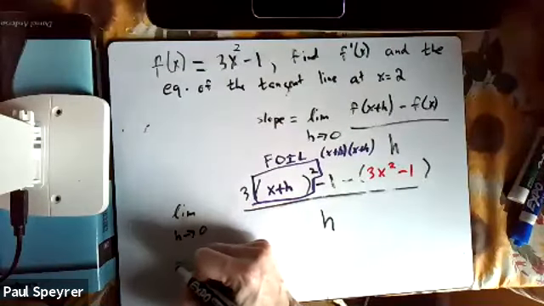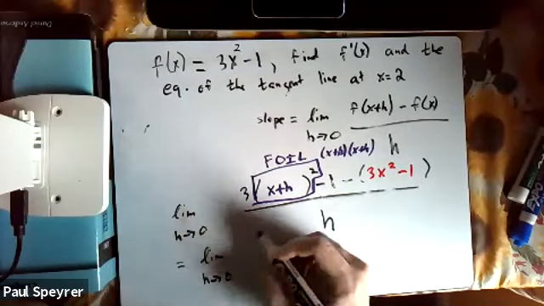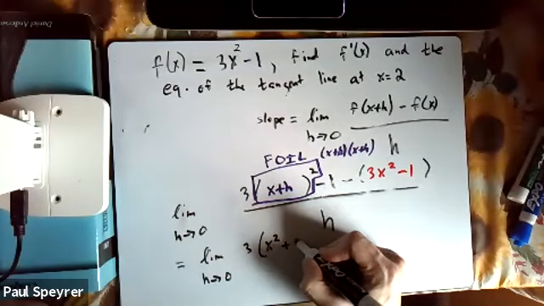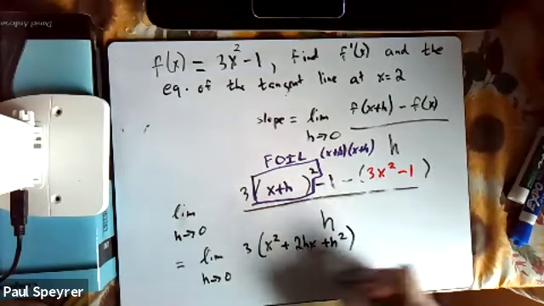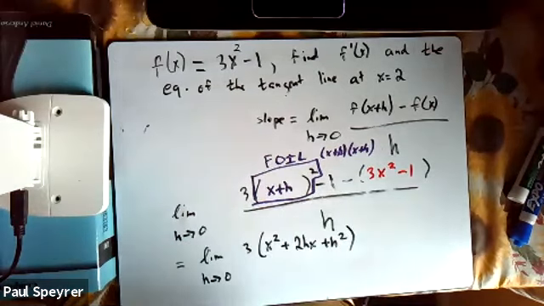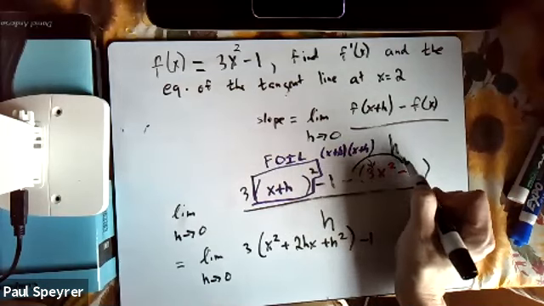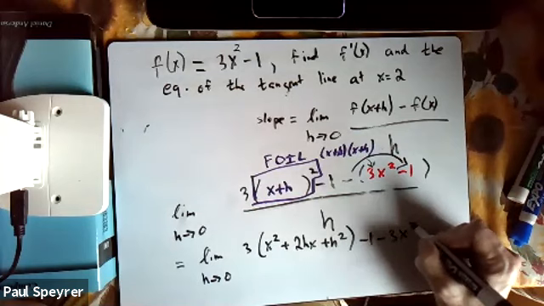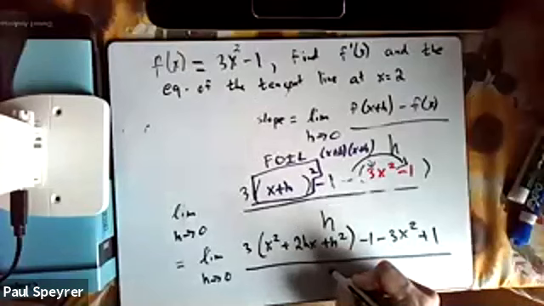So you actually wind up with, we still have the 3, and then you have x squared plus 2hx plus h squared. This is just the FOIL part. And then we still have the minus 1. Then we need to distribute this negative into that f of x. So we have minus 3x squared plus 1 all over h.